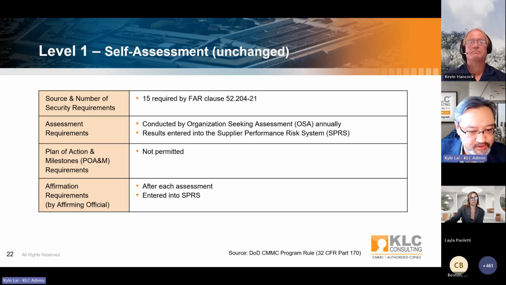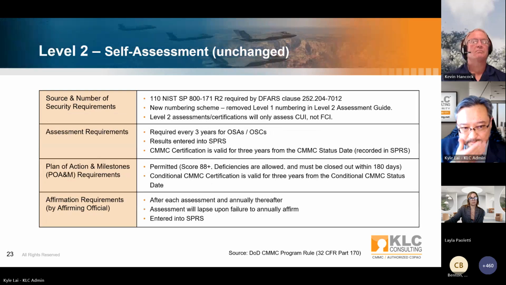Also, the affirmation must be submitted annually, or whenever you update your information in the SPRS, by what we call the affirming official. This is the senior official or the delegated person who will need to do the affirmation whenever you have the assessment entered into the SPRS.